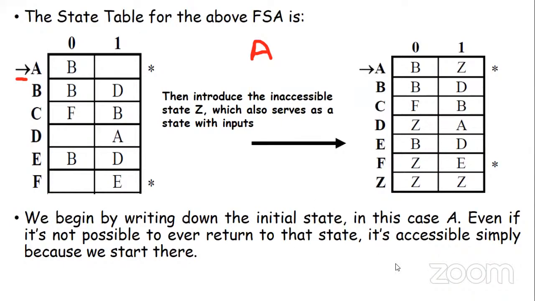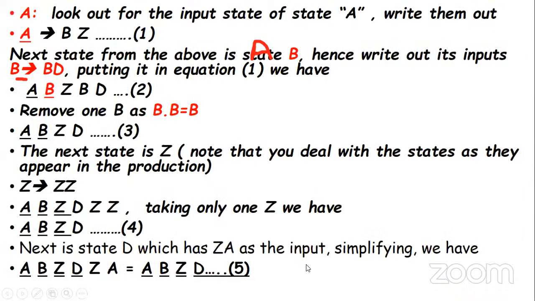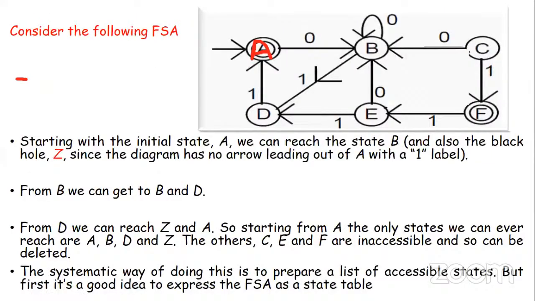Now, the next thing is that having written A, you look out for the input states of state A, then you write them out. Let me go back. Now look at A. What are the input states of A?